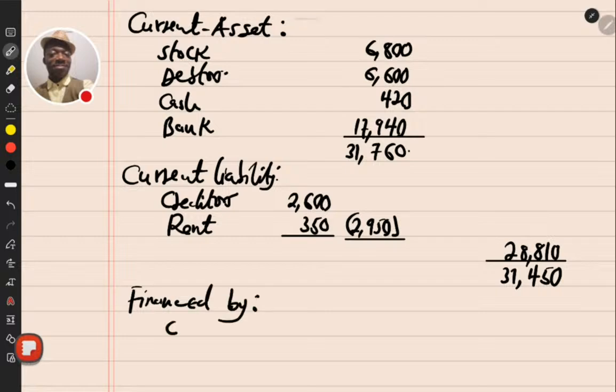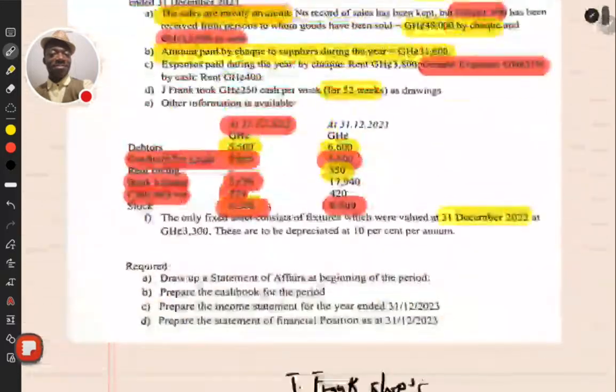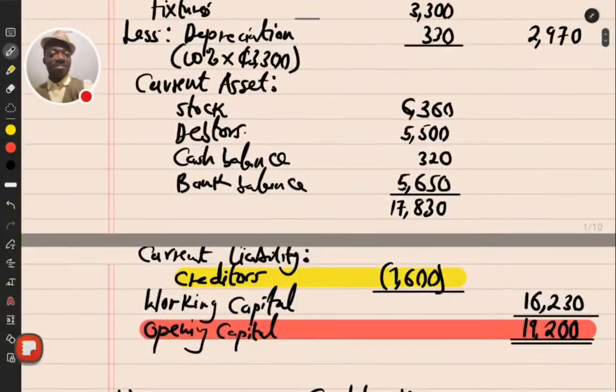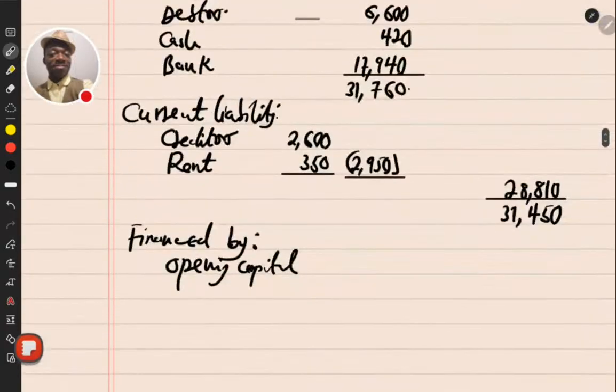So we start with opening capital. So what was our opening capital in the question? When we calculate, we had the opening capital to be what? Statement of affairs, 19,200. So we present that up here, 19,200. Then we'll add our net profit, or we subtract if it's a loss.